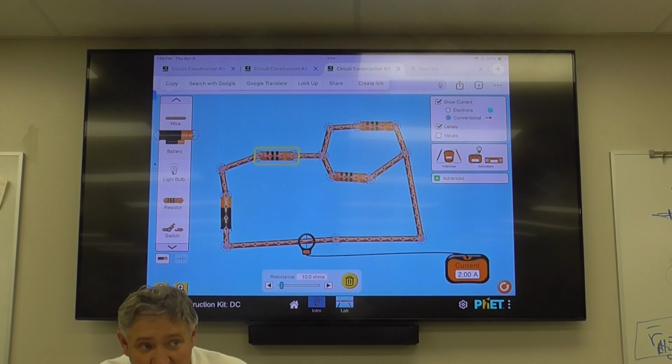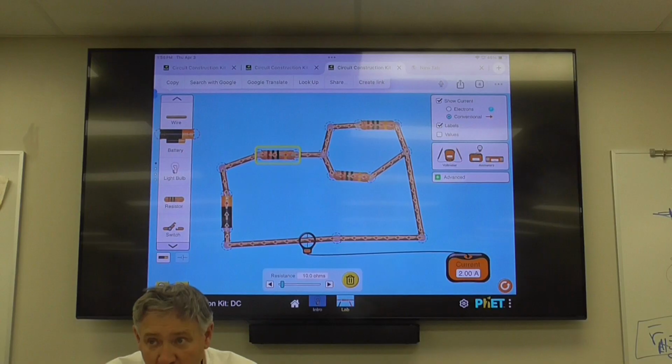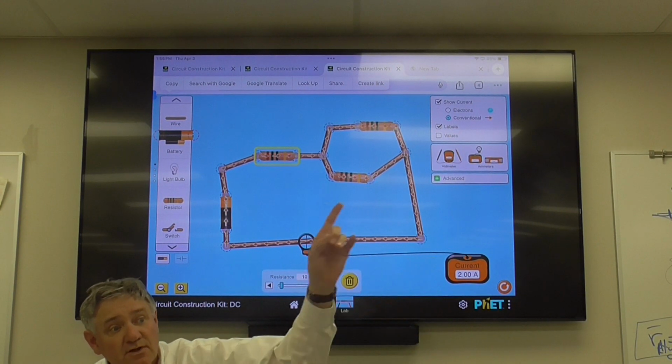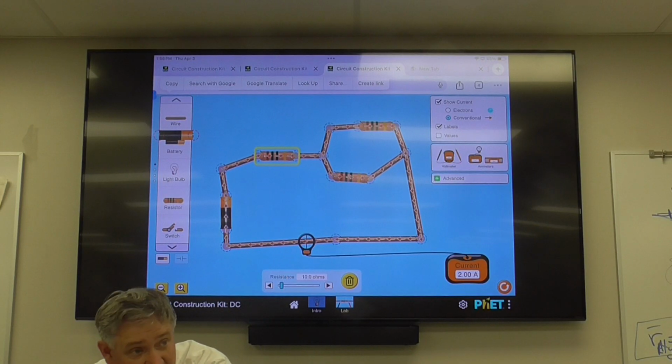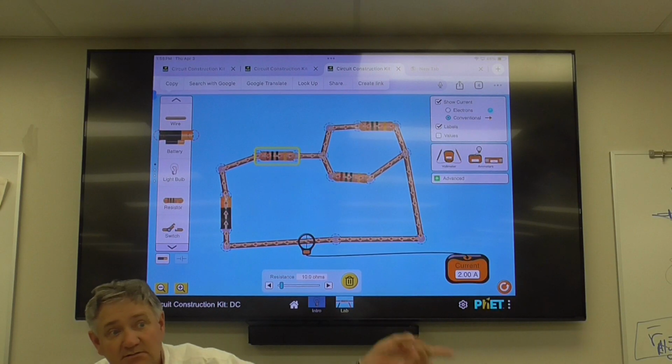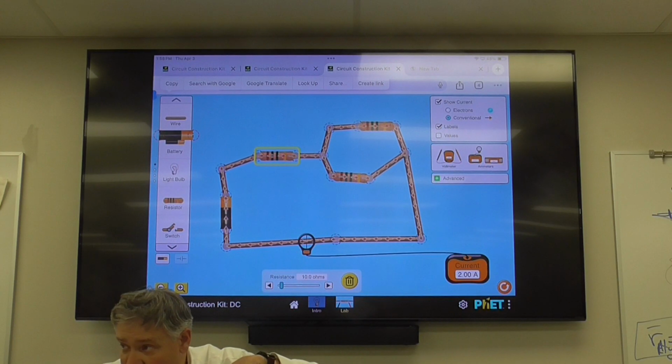So unless you are specifically told differently, you assume it's the traditional Ben Franklin version of the current. If I want you to think of electrons, I will tell you to. Otherwise, it's the traditional version of the current.